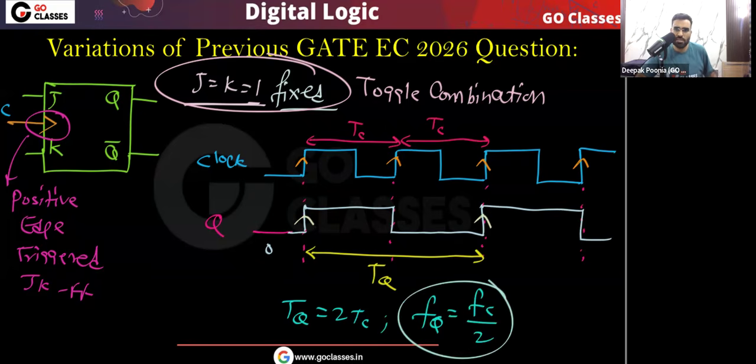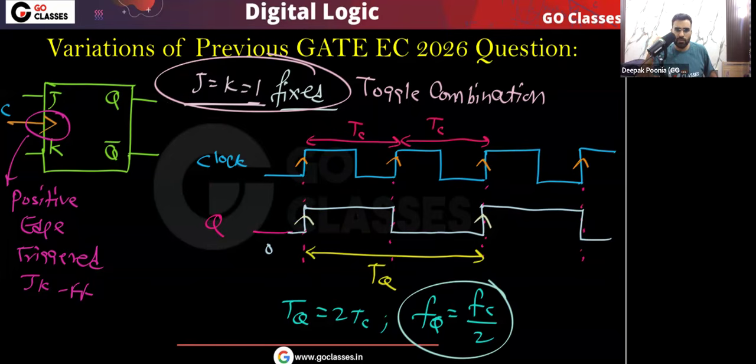So the answer is going to be the same. This is one of the variations. Basically I just want to tell you that whether you have a positive edge triggered or negative edge triggered JK flip flop, as long as JK equal to 1 1, the next state will be the complement of the present state. So at every active edge of the clock the state will toggle.